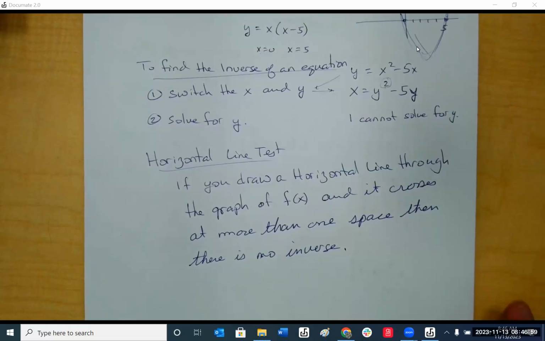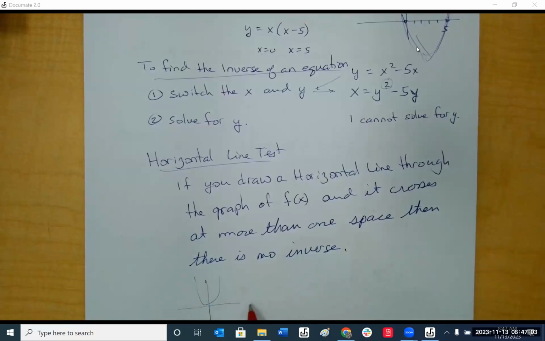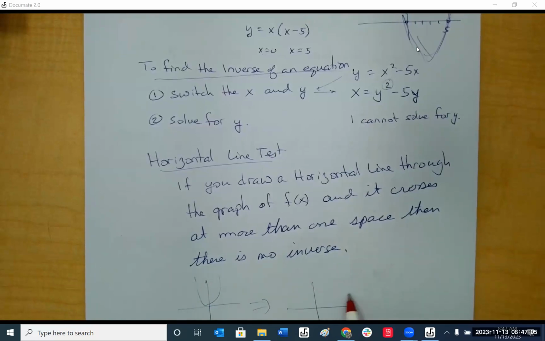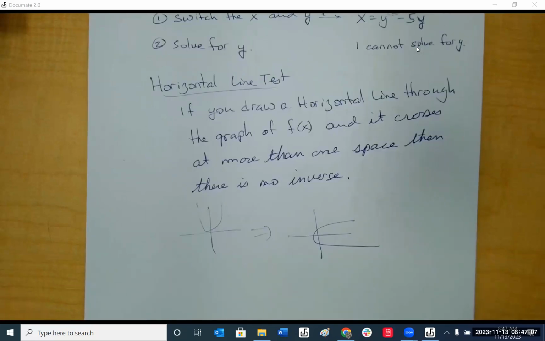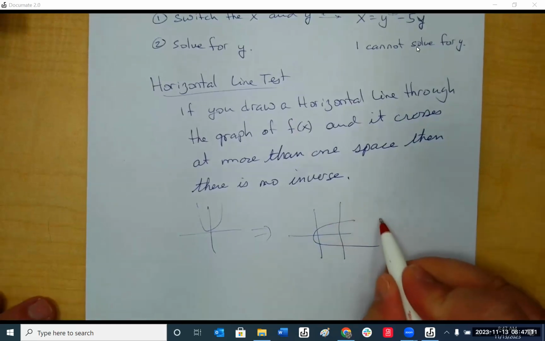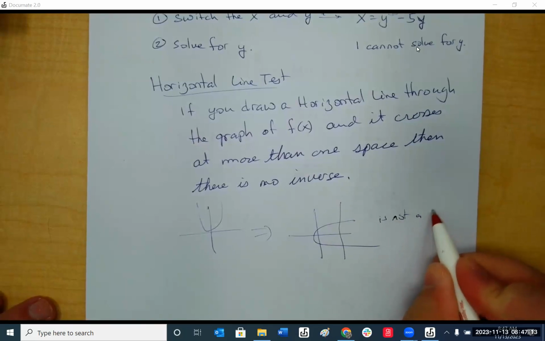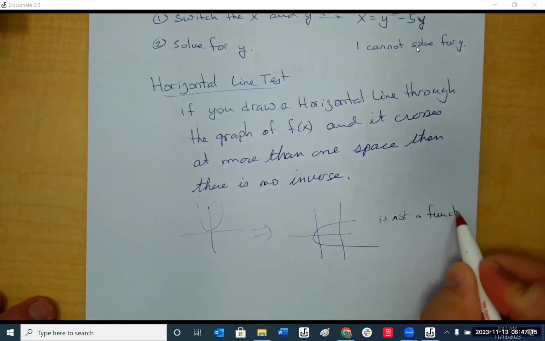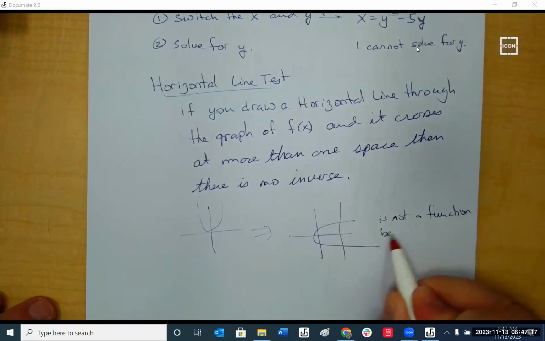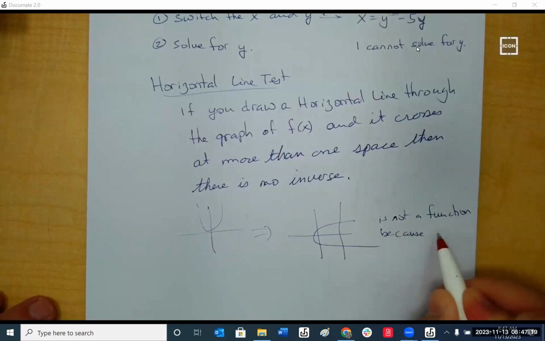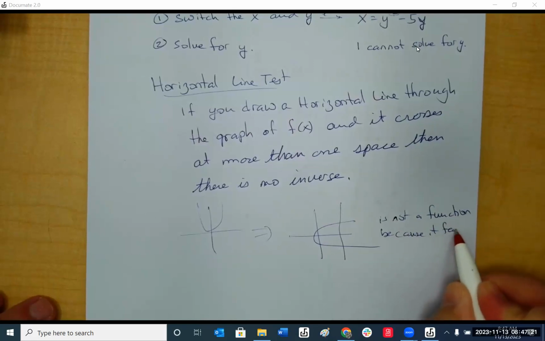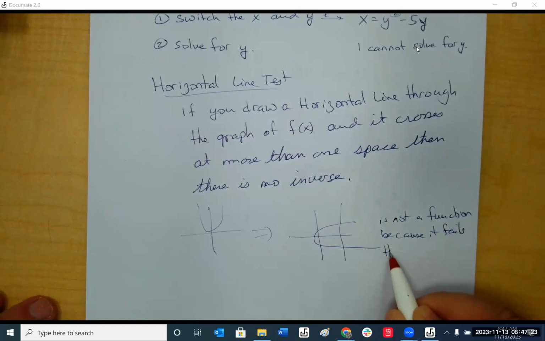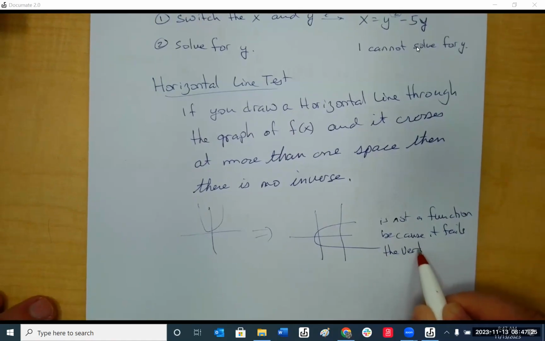Because if we were to flip this equation, this one is not a function because it fails the vertical line test.